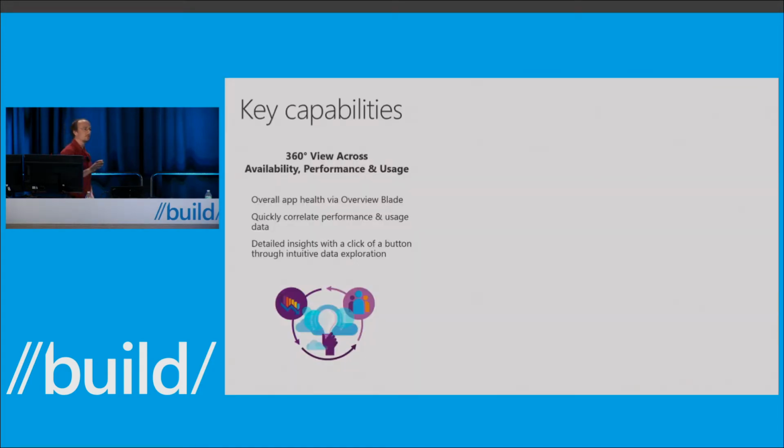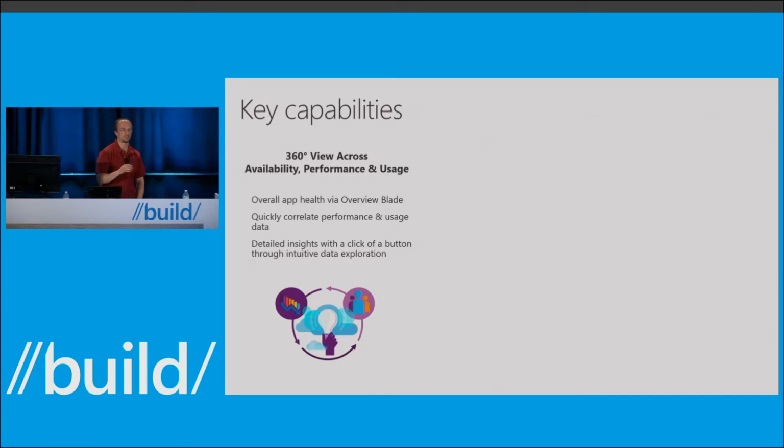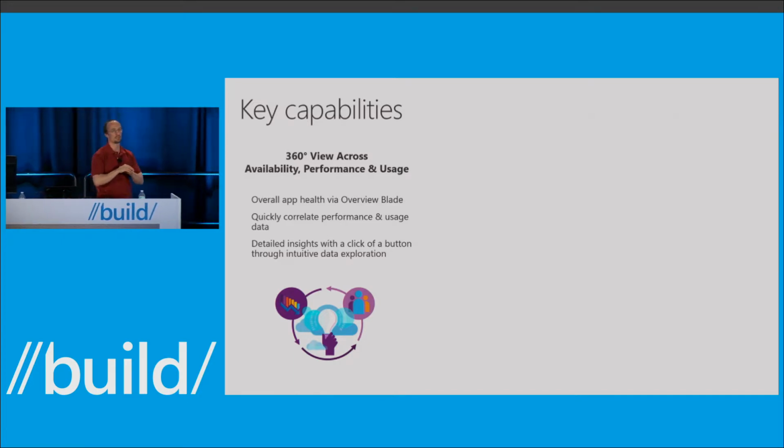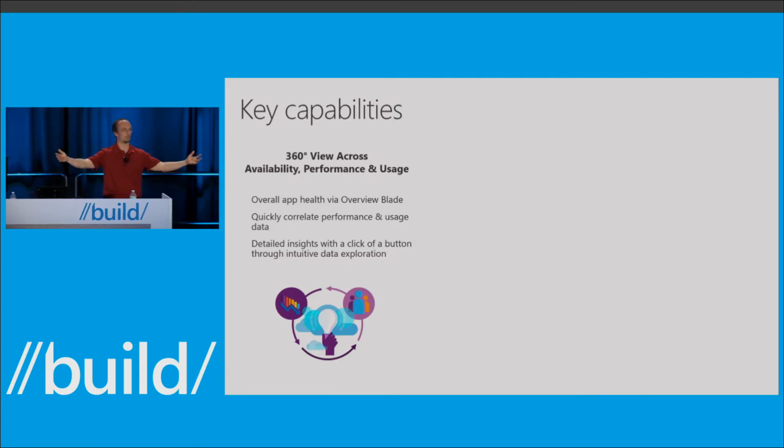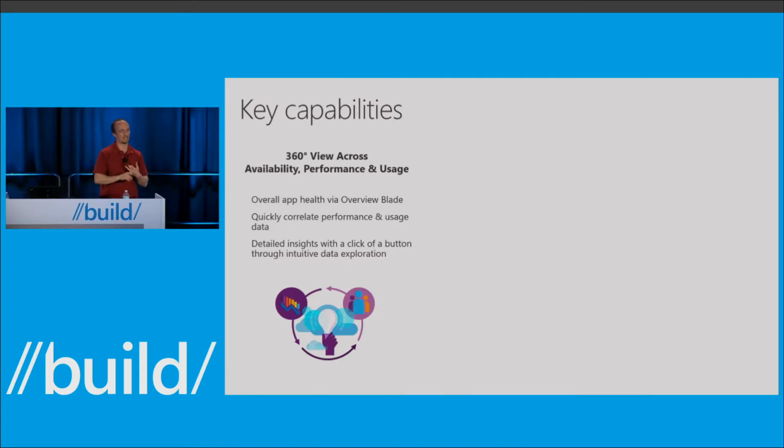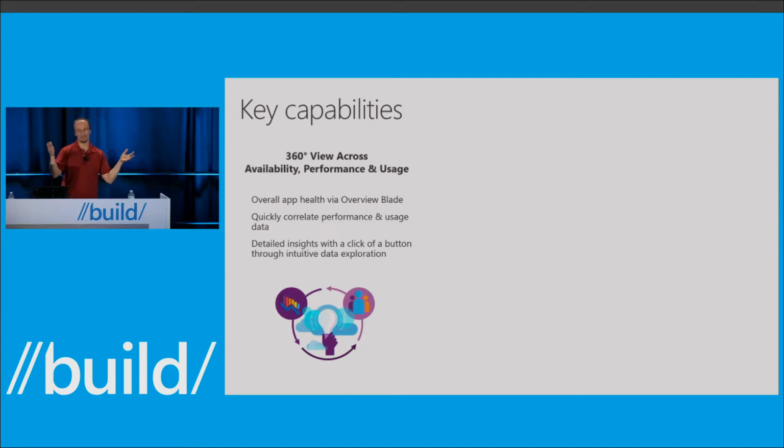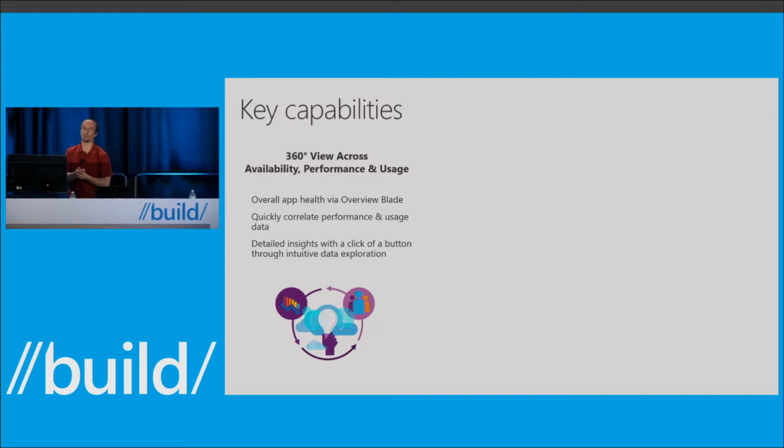So, just to summarize, key capabilities. What you've seen, we provide essentially a 360 view on your applications. We support multiple platforms: devices, browsers, and servers. And we put all that telemetry into a single place so you can correlate your performance with your usage data and so forth.